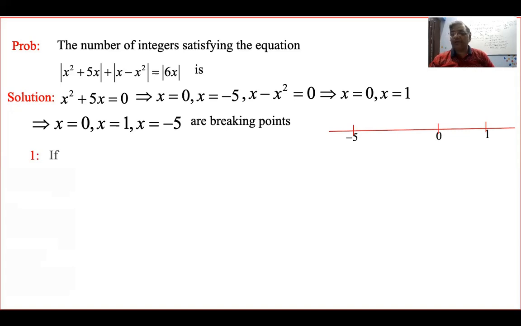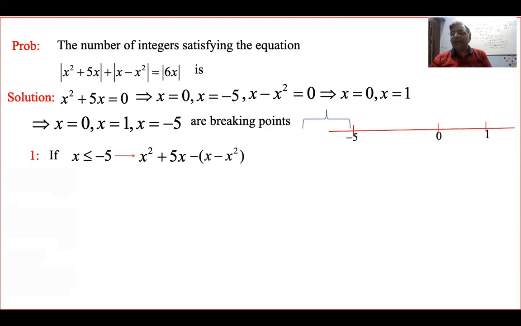The very first part is when x is lesser than or equal to minus 5, the leftmost part. When x is lesser than or equal to minus 5, then x square plus 5x will be positive. Therefore, modulus of x square plus 5x will be x square plus 5x only.